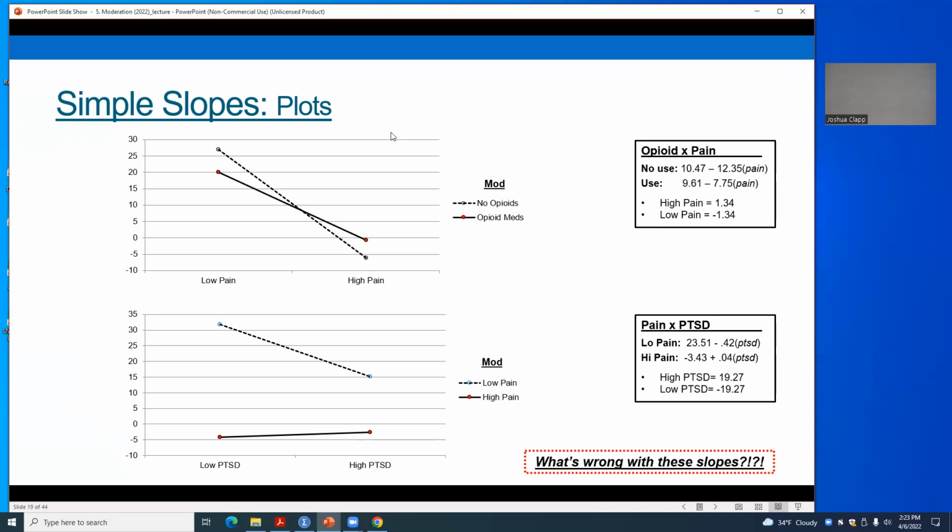Now, that doesn't mean there's anything necessarily wrong with your model. Again, it's just a side effect of having that weird outcome variable, right? So recognizing that that will happen. And the same thing here. For high levels of pain, the model implied value for role functioning is below 0, right?